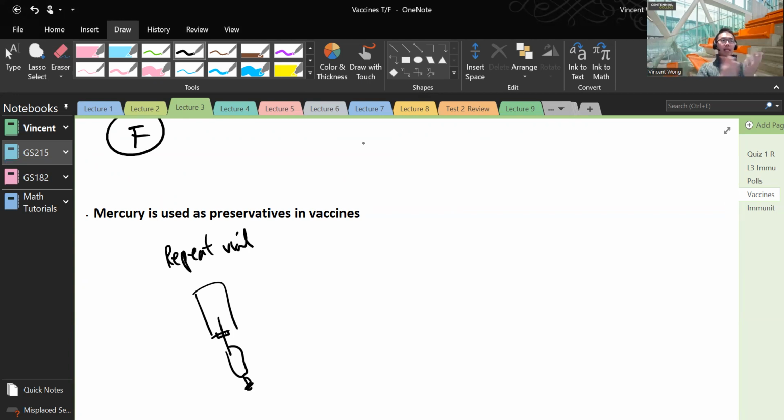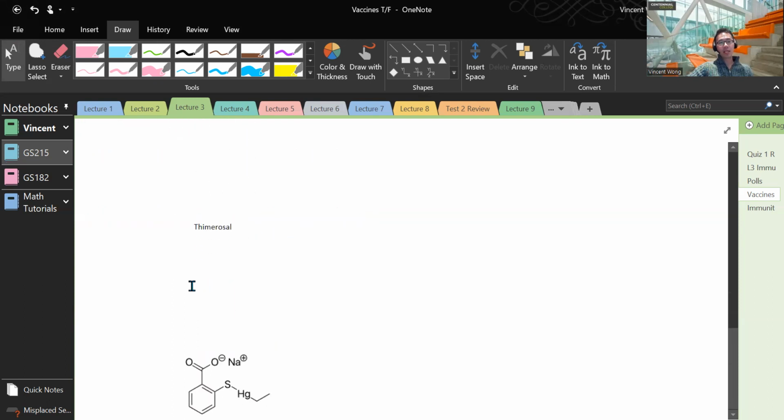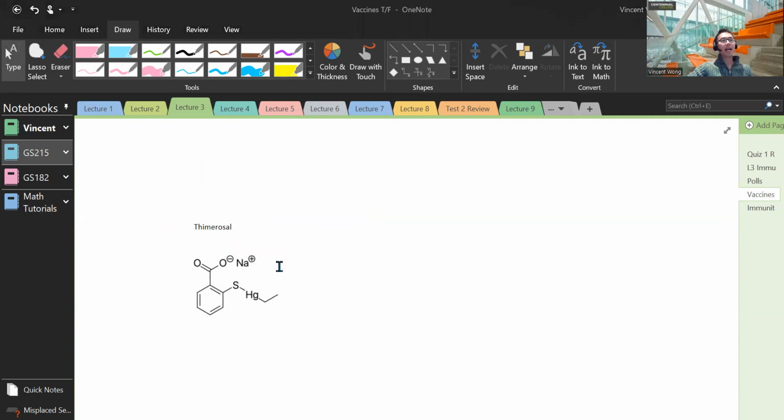Because you're repeatedly drawing from the same vial, it's important to include some preservatives so that you don't get contamination. The preservative being used is what we call thimerosal in some cases, and thimerosal does contain the mercury atom.